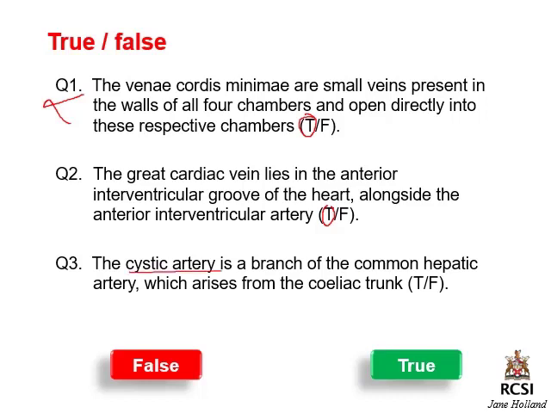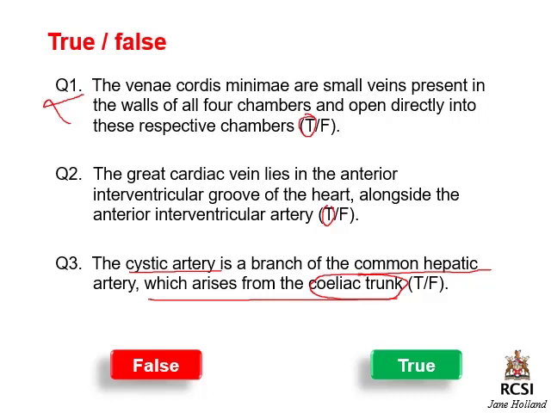The cystic artery is a branch of the common hepatic which arises from the celiac trunk. Well, the common hepatic definitely comes from the celiac trunk, but we now run into problems because the cystic artery is usually from the right hepatic artery. So you're thinking, well, it's probably false, but the really smart candidates will know actually the cystic artery can come from the common hepatic. That's a known variant.